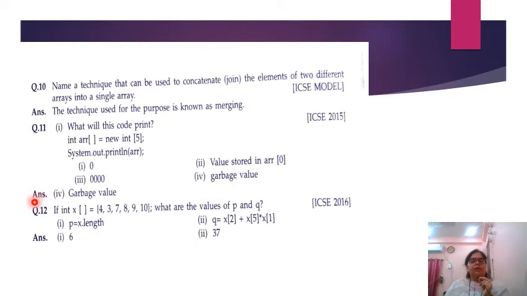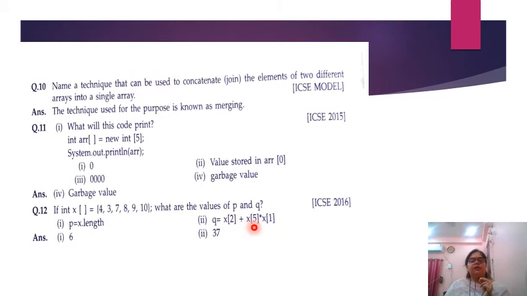Now if x has these values, what will be the values of p and q? See here, x.length will be found out: 0 1 2, length is from 1, 1 2 3 4 5 6, length will be 6. And here we will find out the value of x[2], what is at 2, it is 7, plus 5 into what is at the 5, 10, into 1.